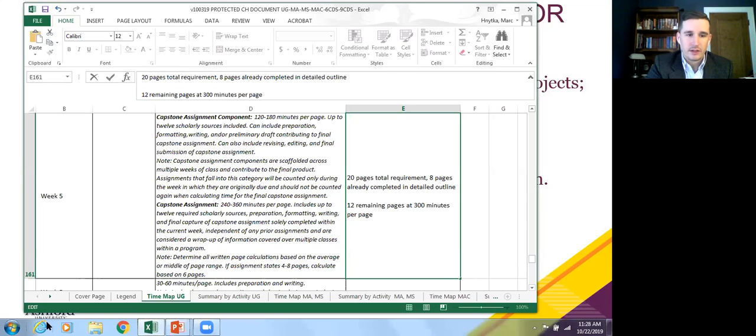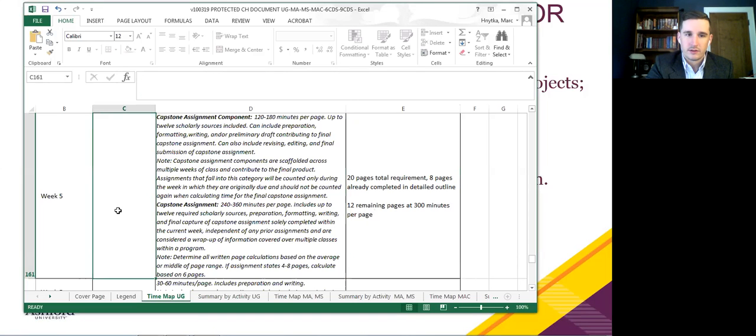So that would give us 3,600 minutes in week 5 for the final capstone component. Now, if you have students just write the capstone assignment in week 5 with no other scaffolding, then you would just have the total page amount that is required here.